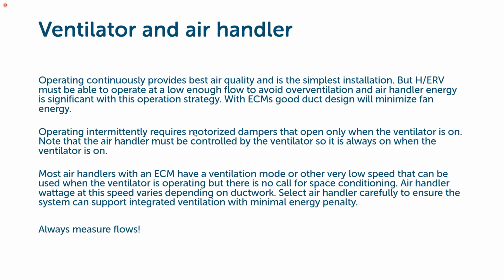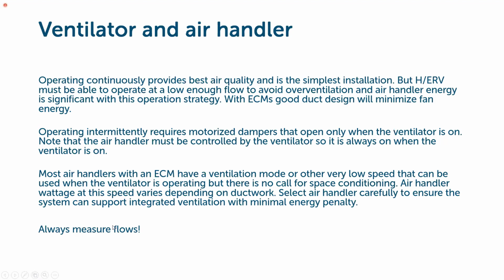So this just covers some more of those details of the combination of equipment, some implications to be considering when you're looking at a design that combines the two. Ultimately, what you should be able to do is balance the system as it's installed. So there should be dampers and other things that can regulate flow within the duct system, and then be able to measure those flows.